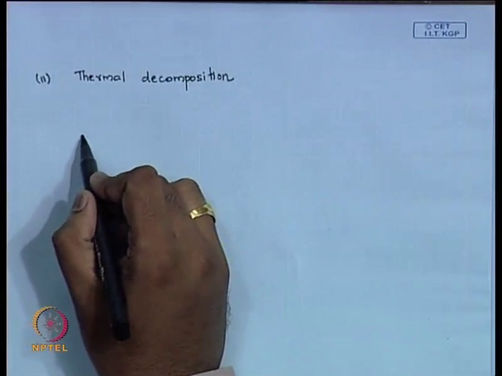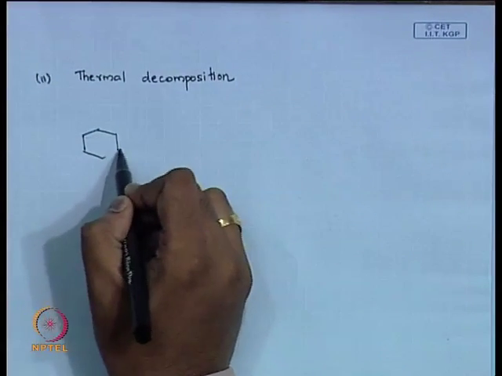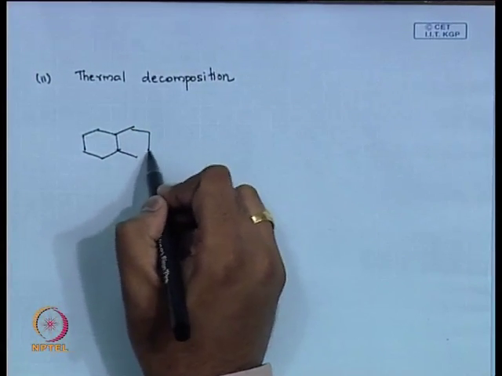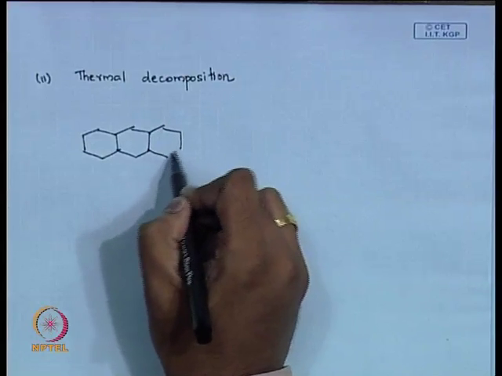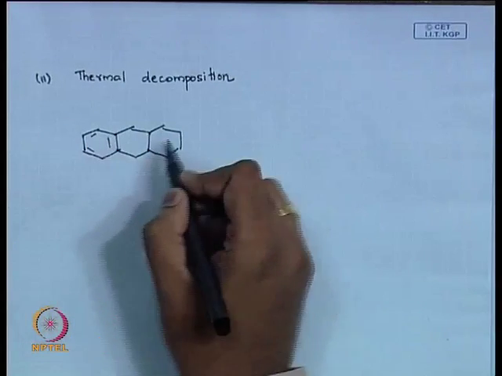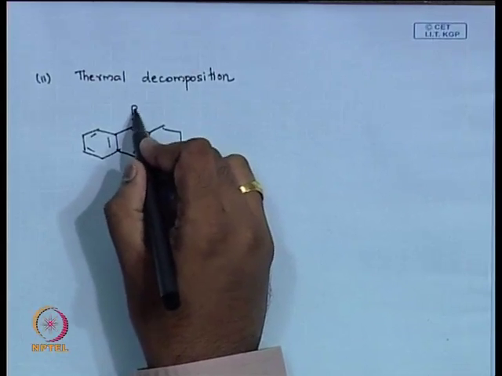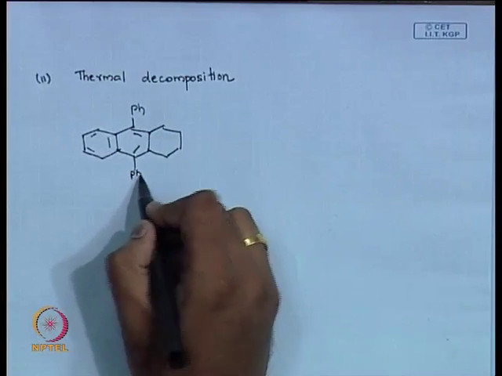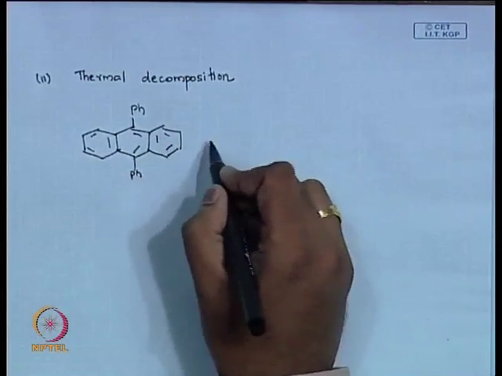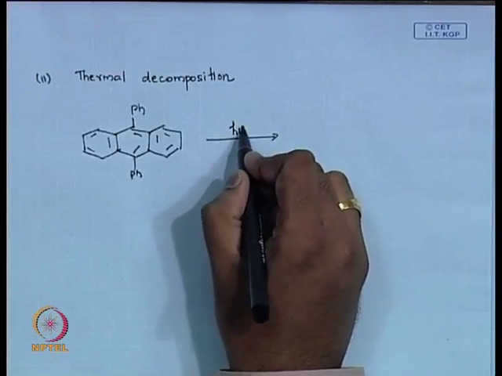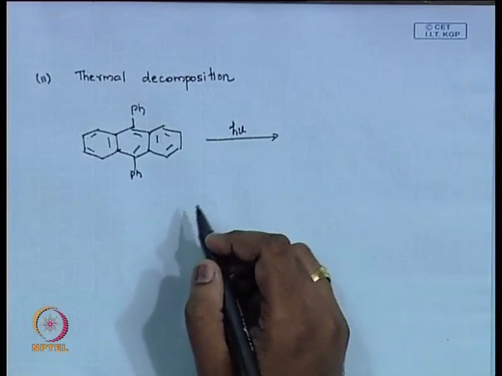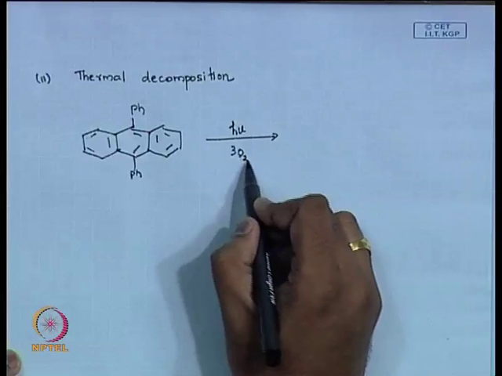But we will take a synthetic way of doing it. Take an anthracene type of system with the phenyl. When you photolyze this, just think you have oxygen in the system.